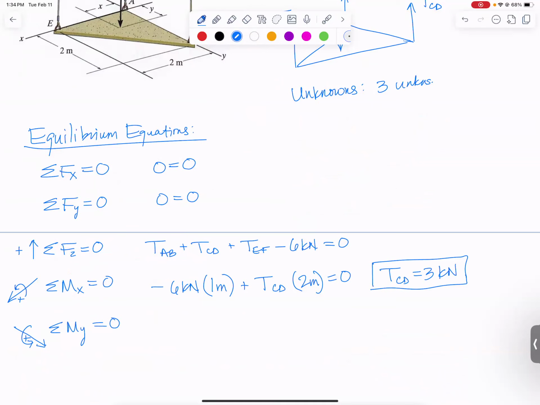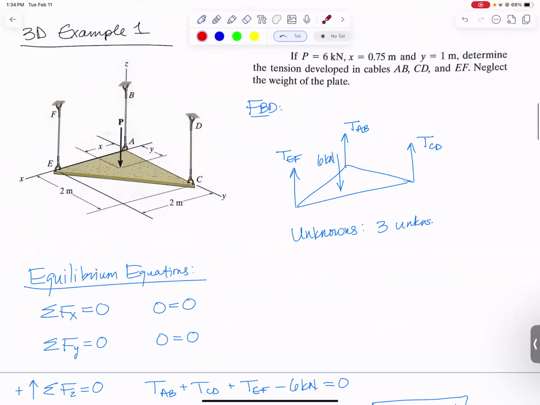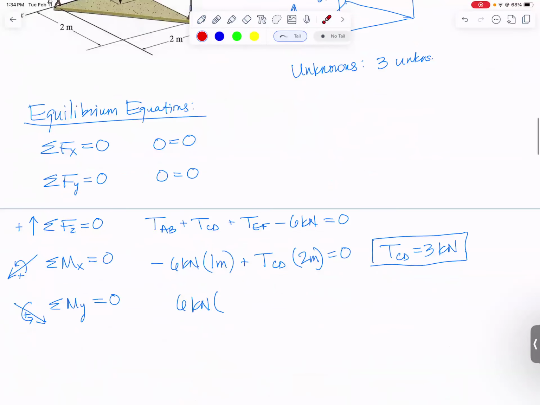I will first have that my 6 kilonewtons causes a positive moment, and now I need the distance from the y-axis. So it's a z force. The axis is in the y direction, so my perpendicular distance will need to be that x distance, which is 0.75 meters. And then in the other direction, I'll have minus TEF.